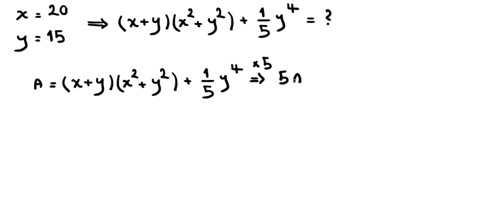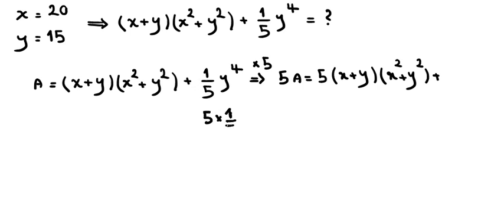Therefore we have 5 times a equals 5 multiply x plus y multiply x power 2 plus y power 2 plus, and now 5 multiply 1 over 5, and we have 1 for the y power 4, and we have 1 y power 4.